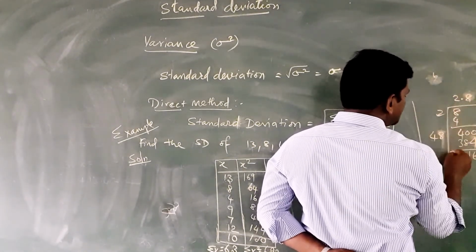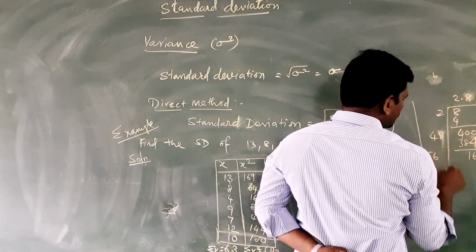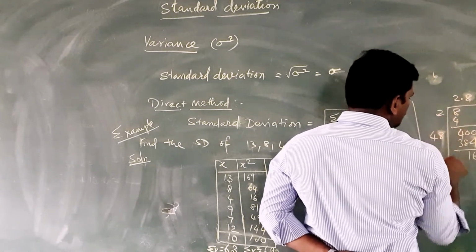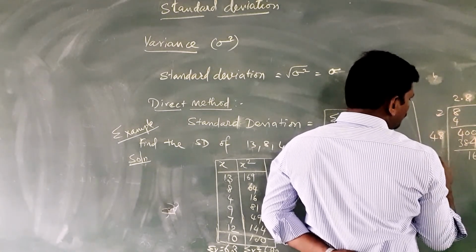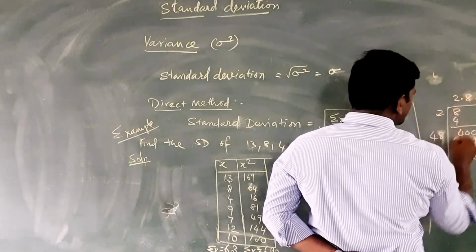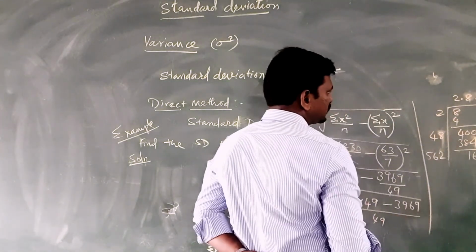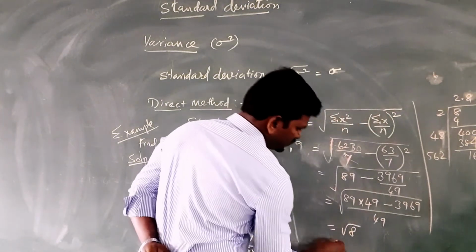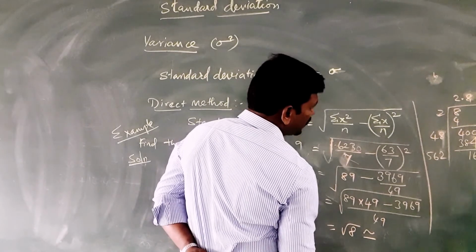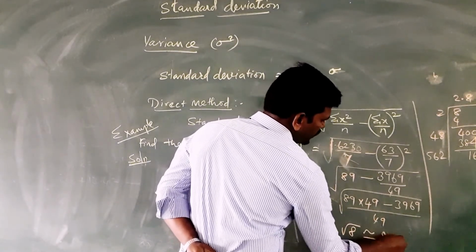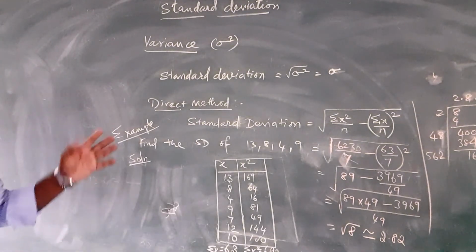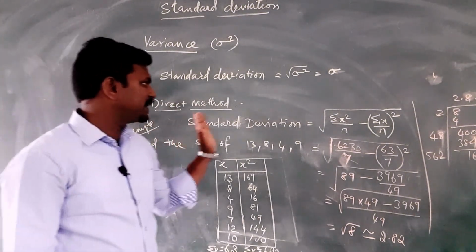Then 28 into 2 is 56, and add 2 0s. 2002. So maximum value 2. So this is the approximate value of the square root of 8, 2.82. So it is a very simple method, we just write the formula.